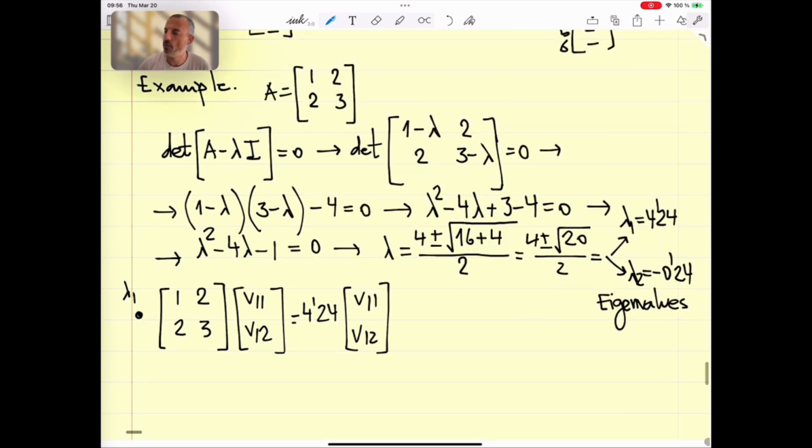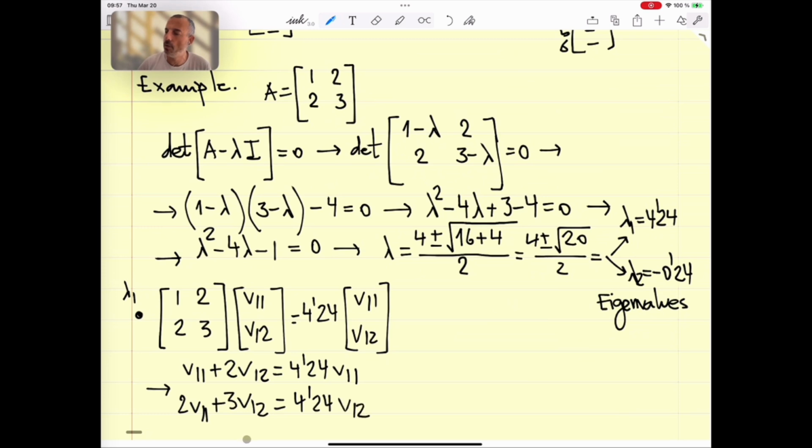Okay, this gives you two equations. V11 plus 2V12 is equal 4.24 V11, and 2V11 plus 3V12 equals 4.24 V12. Okay. So with these two equations, we can calculate the coefficients of the eigenvector.